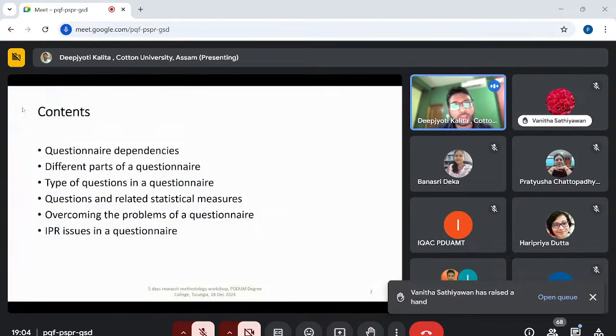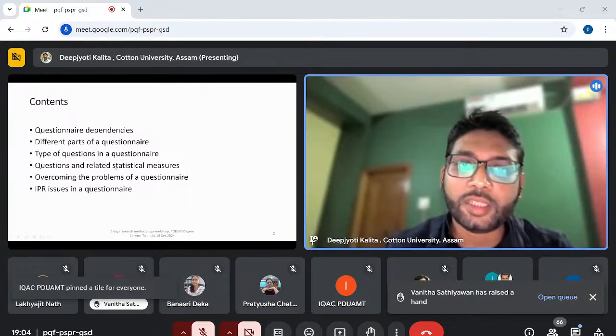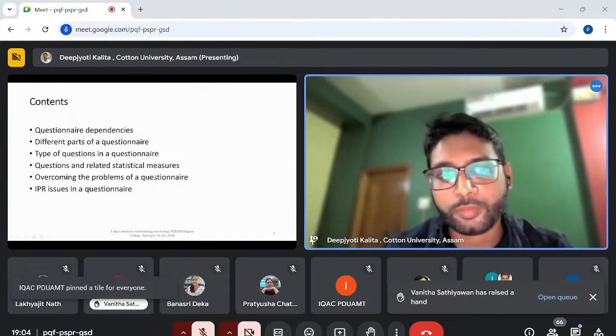I have already mentioned the 6 points of our discussion today. We'll try to understand what are the dependencies of a perfect questionnaire, what are the different parts that should be there in a particular questionnaire, and along with those parts, what may be the various types of questions we should be putting in the questionnaire, because based on the type of questions only, the related statistical measures will follow.